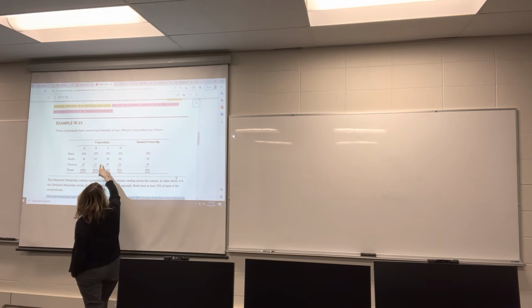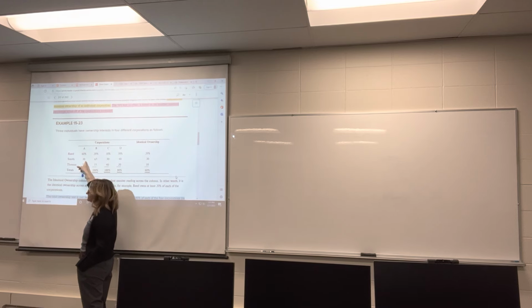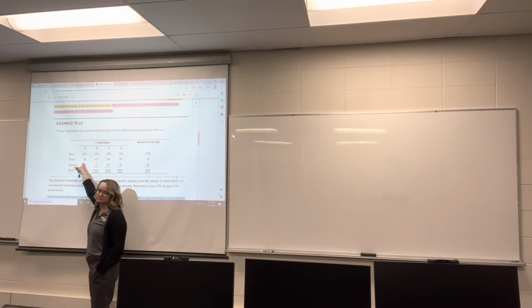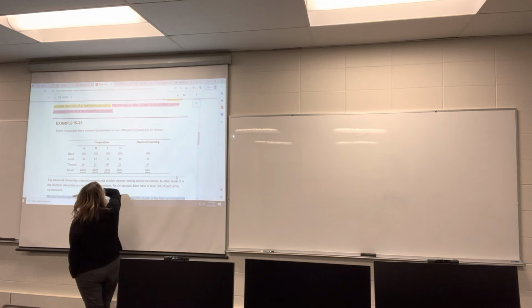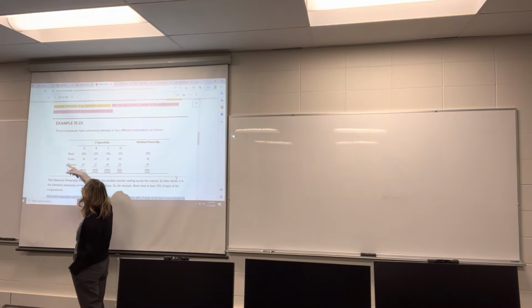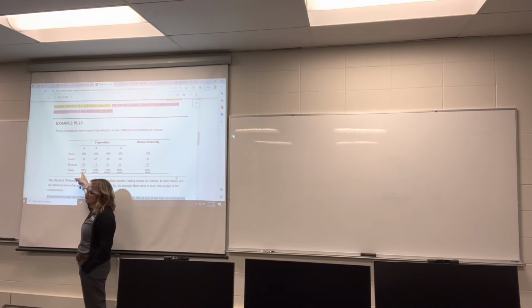Actually, let's say Smith here. Let's say this amount was 10%. Or even 15%. Let's change that to a 15. So if this is 15%, this number becomes 85%, so it's still over 80%, right? So this corporation still is included.